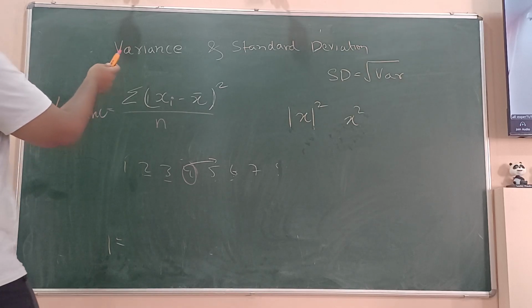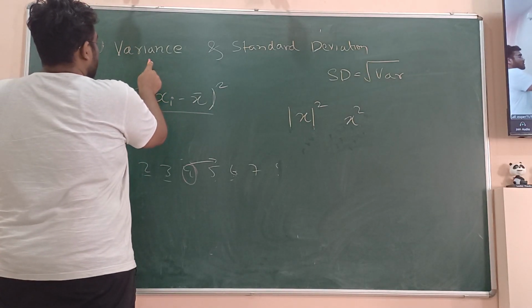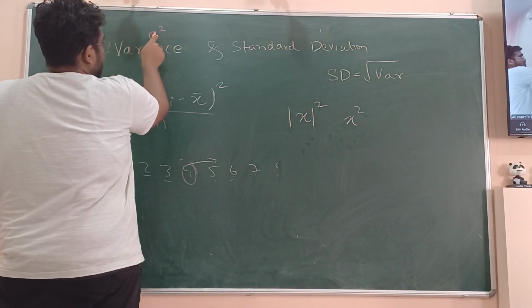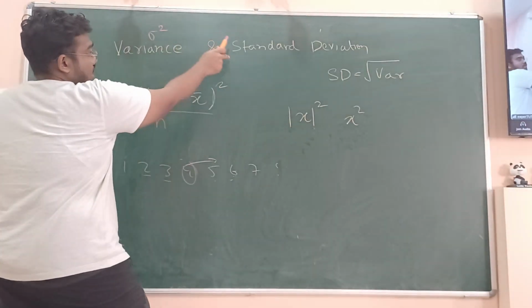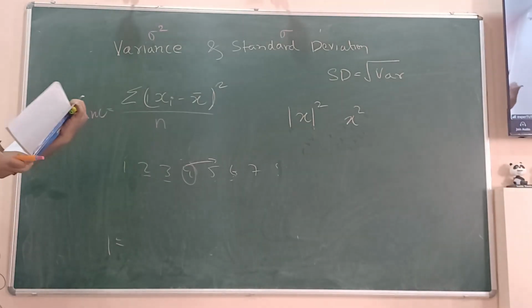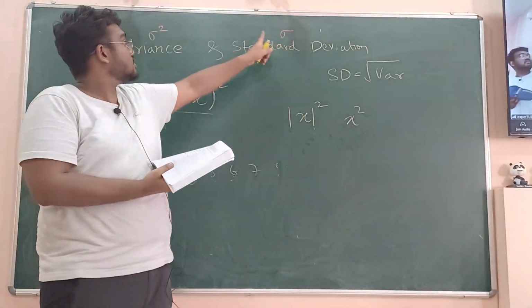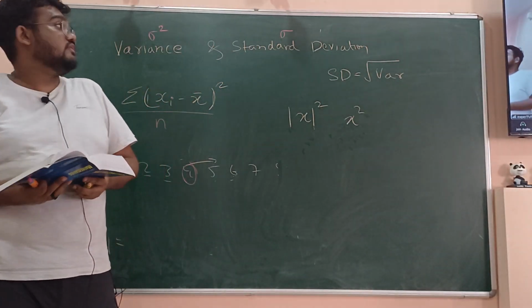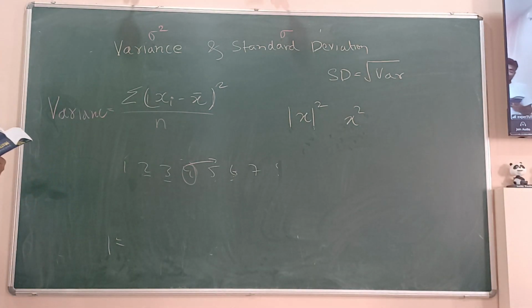One more thing, variance is denoted by sigma square, and standard deviation is just sigma. So standard deviation is sigma, and variance is sigma square. Standard deviation is the square root of variance.